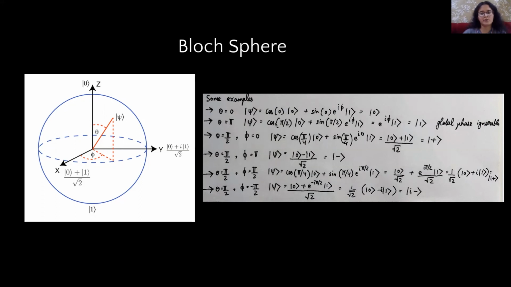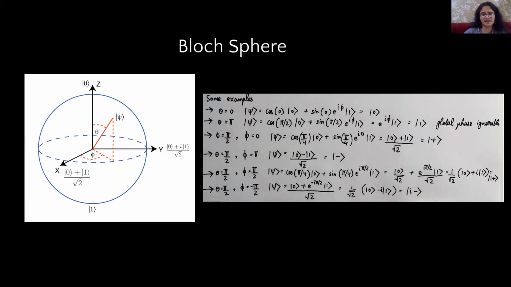And we know cos 90 degrees is 0. So this term gets eliminated. And this term is what we're left with. Sine pi by 2 is 1. And finally, we get e to the power i phi into ket 1. And because this is the global phase, therefore it's ignorable, and we get ket 1.